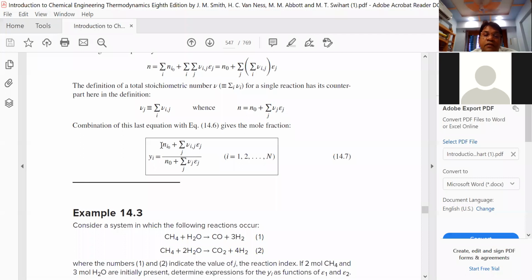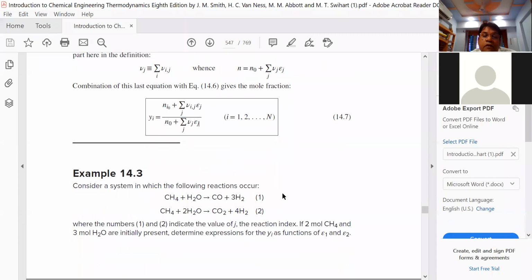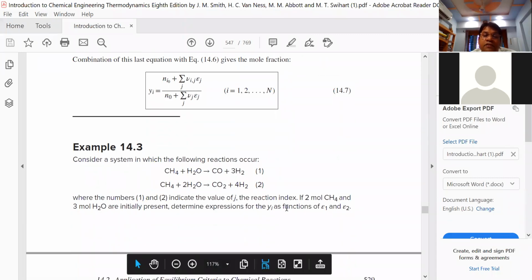This is again the individual mole divided by the total mole. The individual mole is N_i0, the total mole is N_0 at time t equal to 0, plus the moles formed after the progress of the reaction. So this equation is the same, but instead of i, it will be i and j. So this will be clear with respect to this reaction.